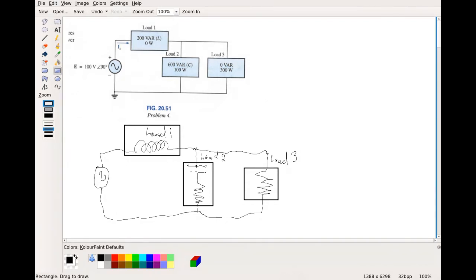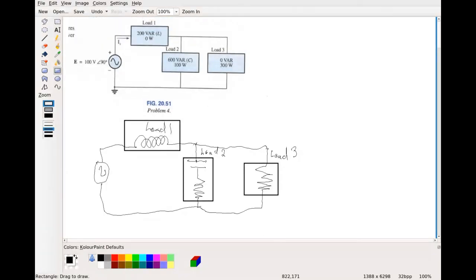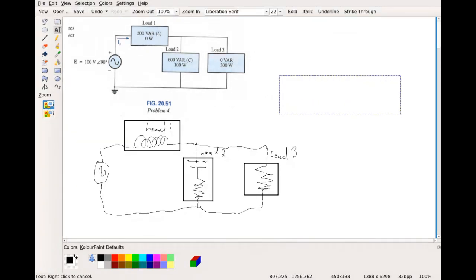To find this, remember, we need to go back. Of course, I erased those equations, so I'll have to rewrite them here. We had that S is equal to V I conjugate, which is equal to P plus jQ.